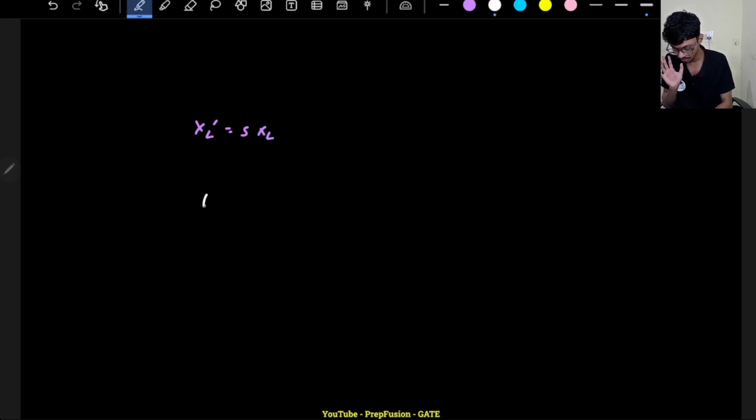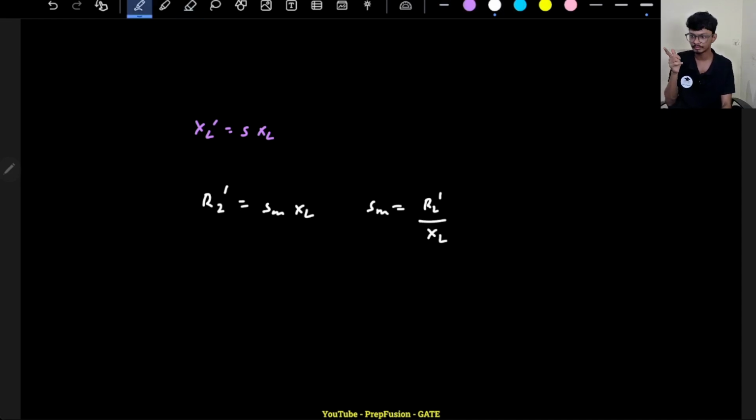I will write here, instead of rotor reactance, R2 dash is equal to Sm into X2, and this is how you will remember that Sm is equal to R2 dash divided by X2. And one more thing you will remember, that this was the approximated version.